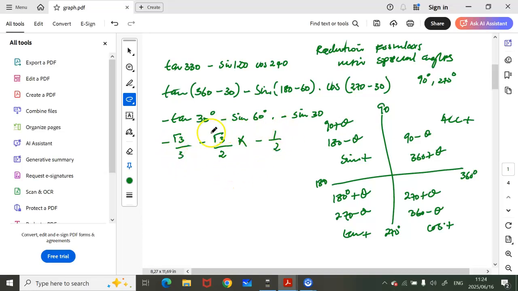So we punch this in our calculator. Let's see what we are going to get.